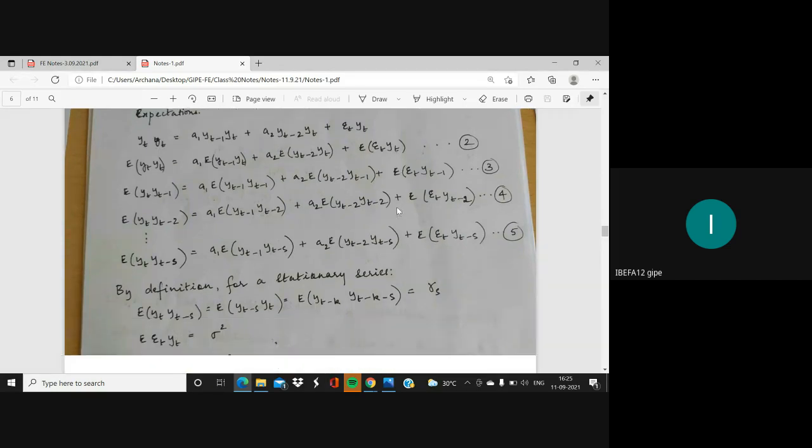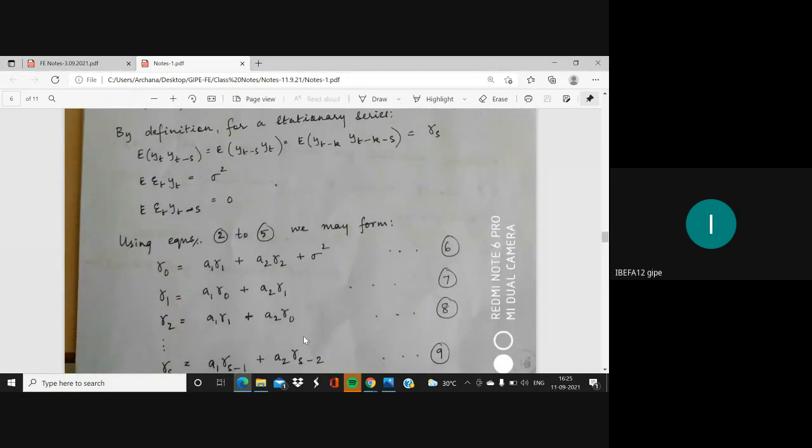So you will get A1 gamma 1. Similarly, this is the covariance between yt and yt minus 2. So you get gamma 2. You're just using the general notation. And expectation et yt is equal to sigma square. So when you write out equation 6, you're just using the general notation here. Similarly, if you do that for equations 7 and 8, this is what you get.